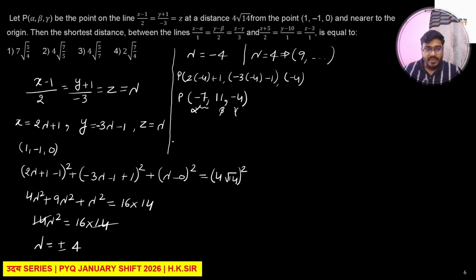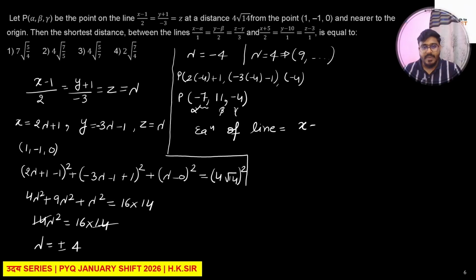So we can write the equation of the line. The equation of the line is x minus alpha, alpha is minus 7, so it is plus 7, divided by 1, equal to y minus beta, beta is 11, divided by 2, equal to z minus gamma, gamma is minus 4, so plus 4, divided by 3.